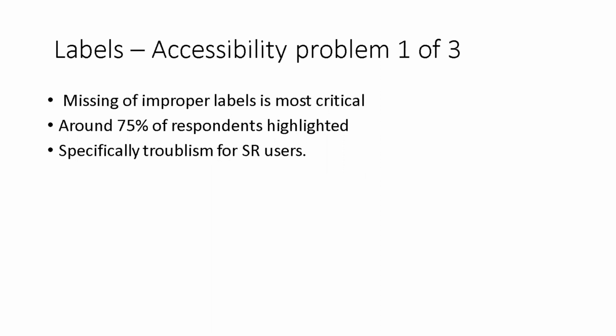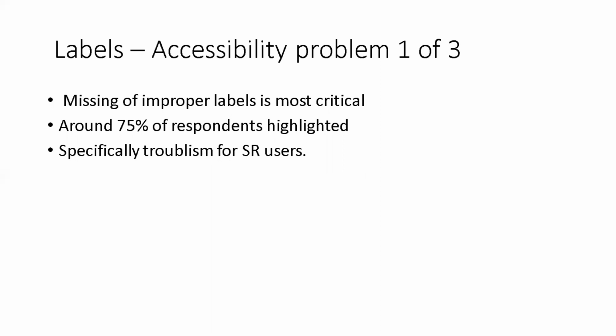Around 75% of respondents have indicated that they have problems identifying the label. We could understand that people who use voice recognition software and screen reading software, and sometimes people with low vision, also mentioned that they have problems with the labels.